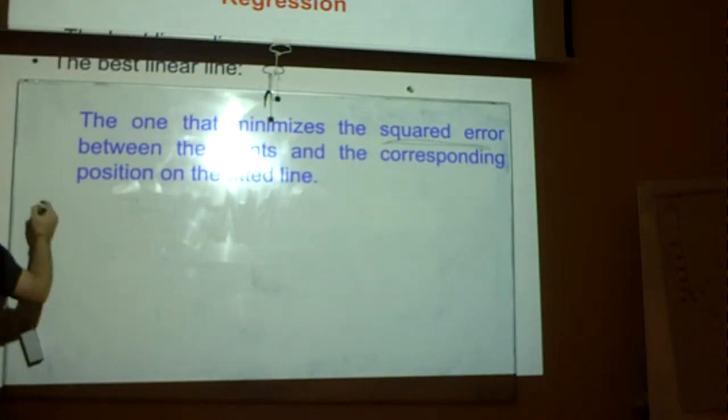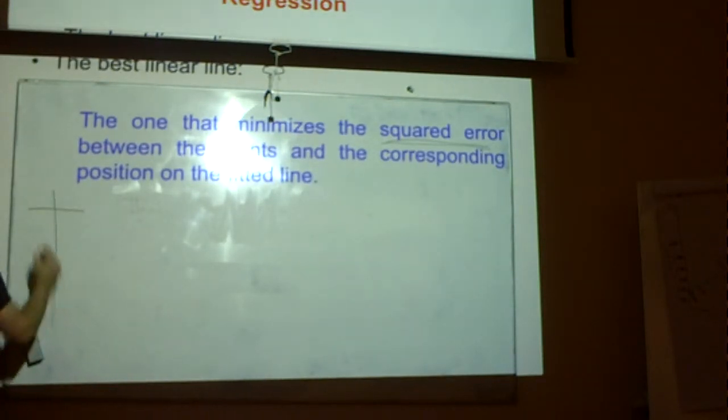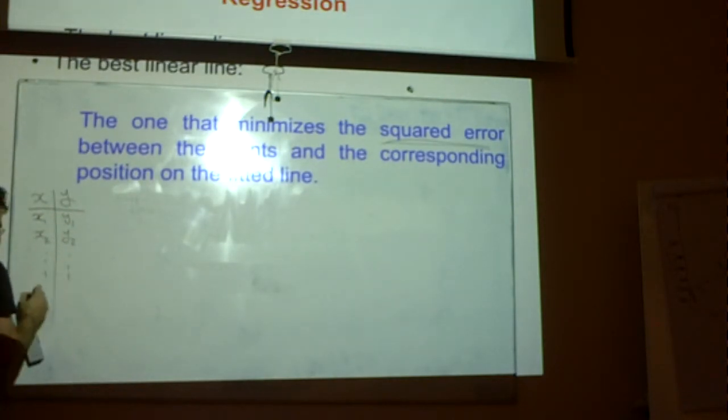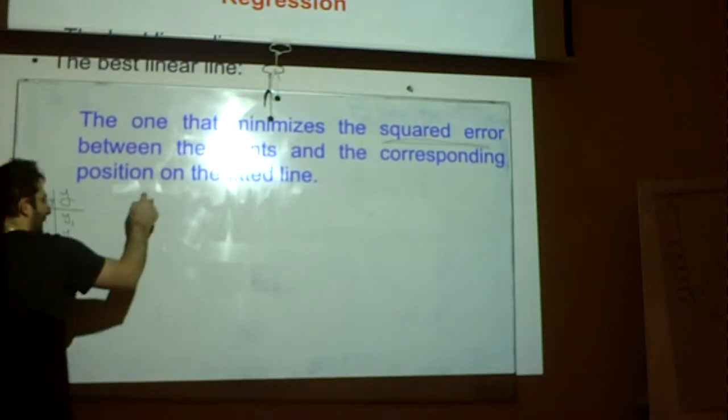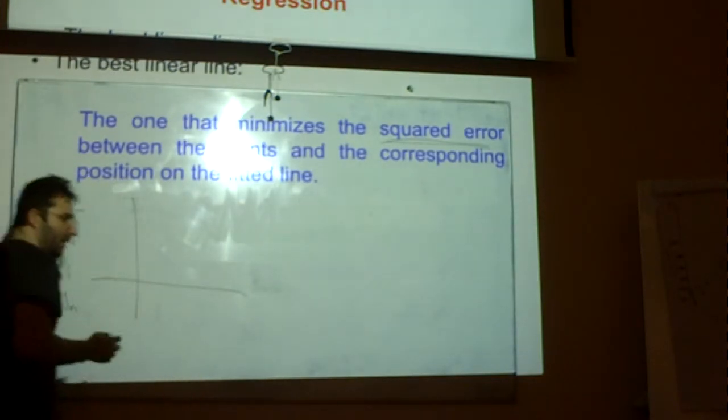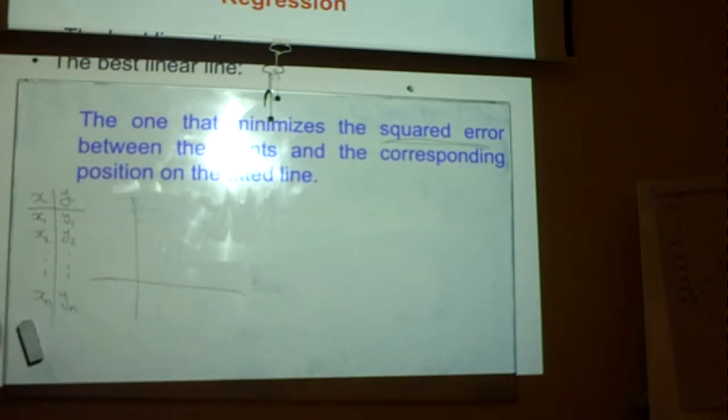Imagine we have the points of x and y's as x1, y1, x2, y2 till xn, yn. And if I draw them on a graph, there are points like this.